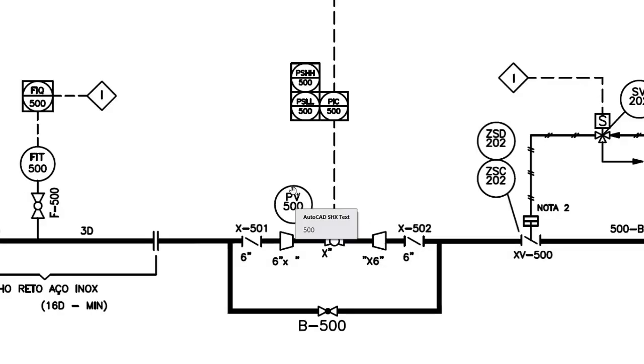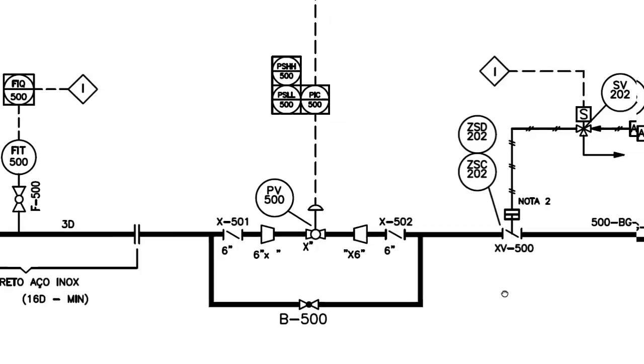And we have the pressure control valve here and a bypass for maintenance. So in case the control valve needs maintenance, we can block upstream and downstream of the valve and open the bypass to let the fluid flow to the customer.